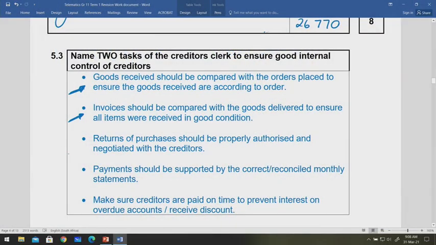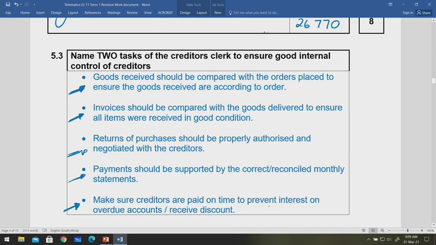The next one, returns of purchases should be properly authorized, negotiated. Payments should be supported by the correct or the reconciled monthly statement. We've made the corrections, and then when we pay our creditors, we make sure that the corrections that we made will be on the statement that they send us. We correct it and send it back to them. And then the creditors clerk must make sure that the creditors are paid on time.